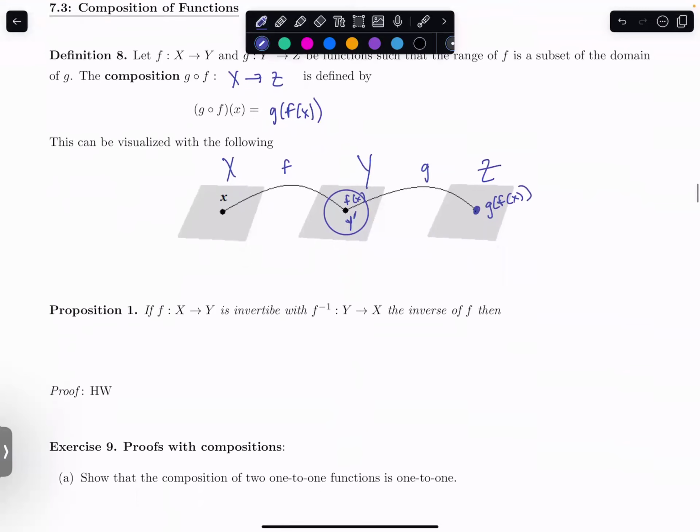If f from X to Y is invertible, and f inverse from Y to X is the inverse of f, then the composition works where you can compose them. f of f inverse of y is just y, you get back what you started with, or f inverse of f of x is just x.